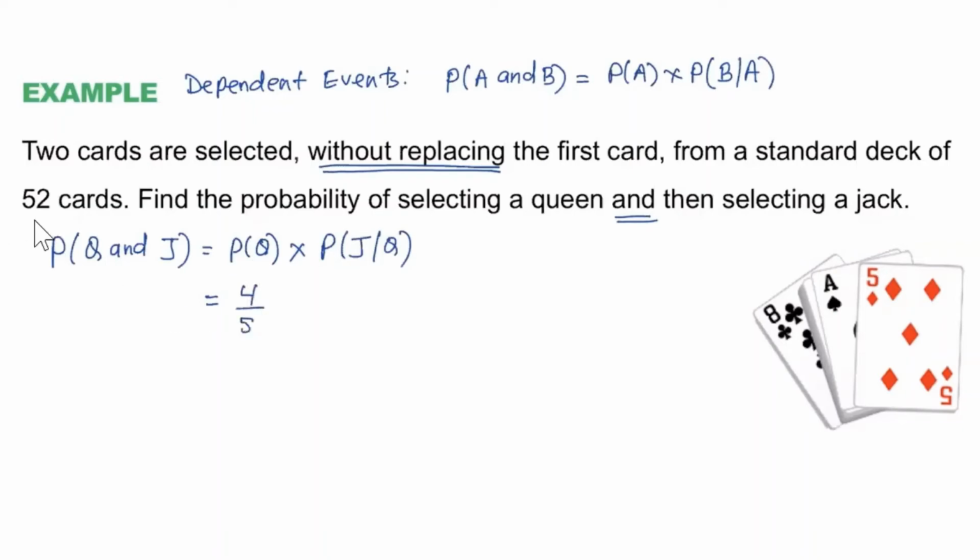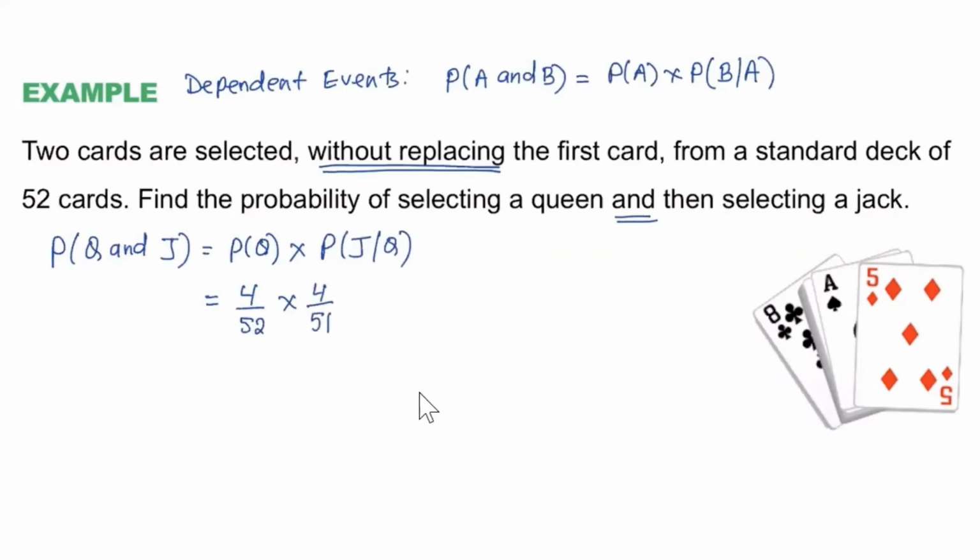Sometimes that number will not be given there, but it's 52. Times, now, the probability that it's a jack given the first is a queen. The card you pull is already a queen. Now, how many jacks are still there in the deck? 4 jacks are still there. Out of how many cards? 51. Because you are not replacing, right?